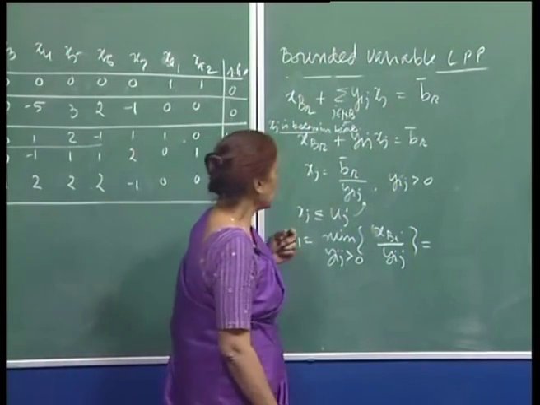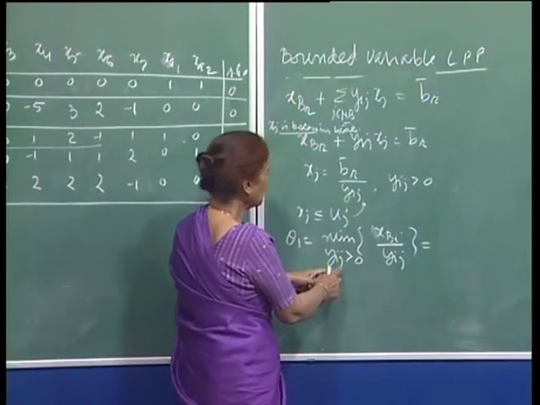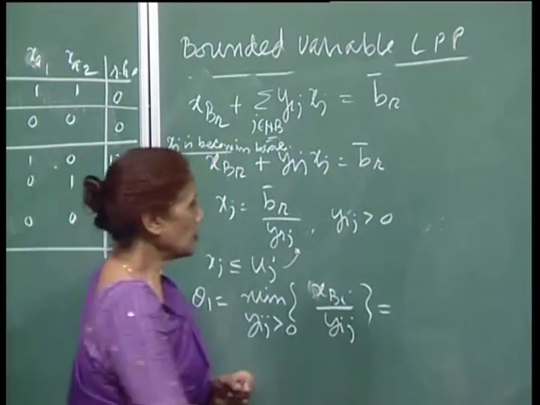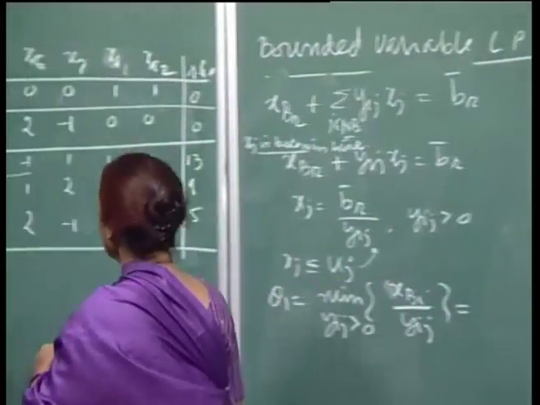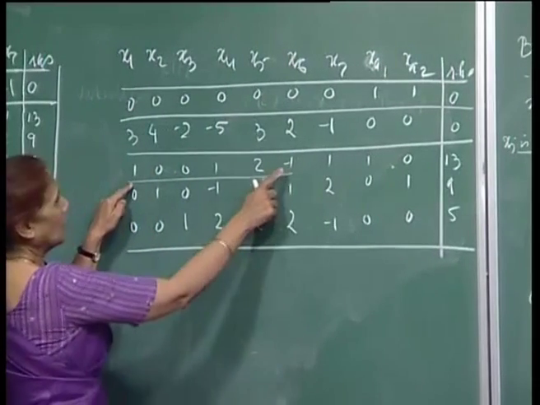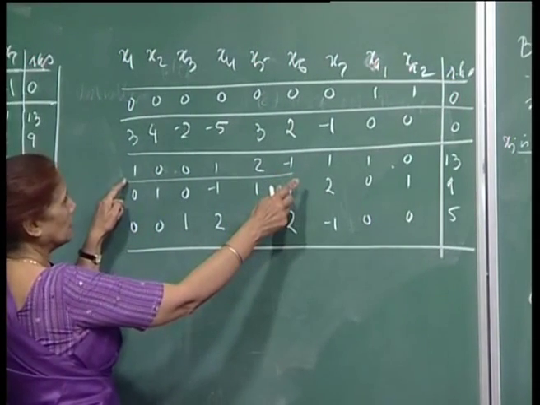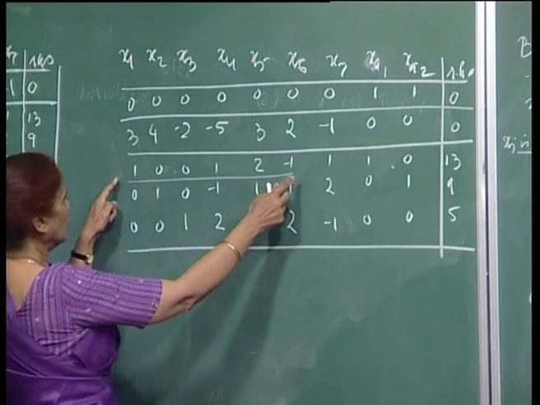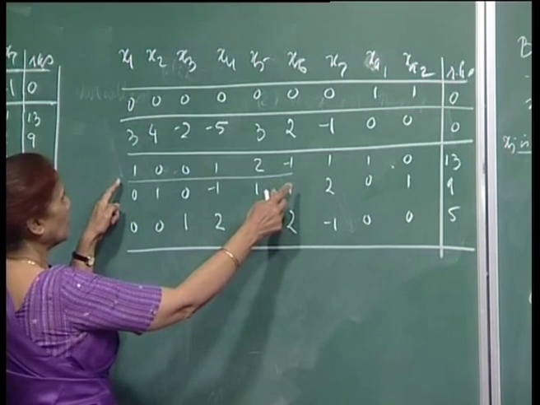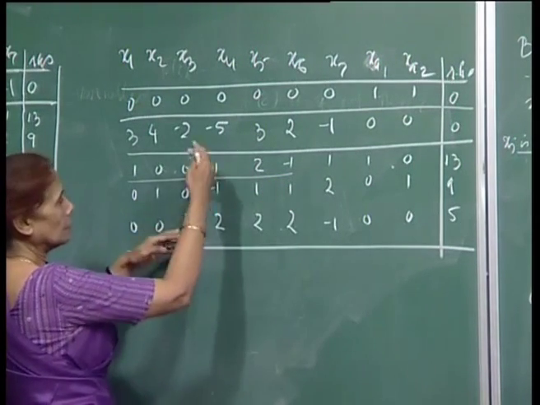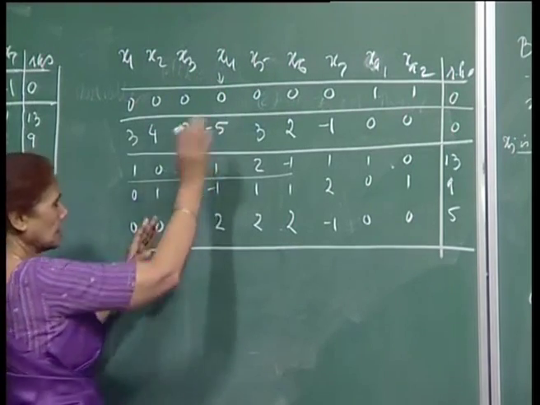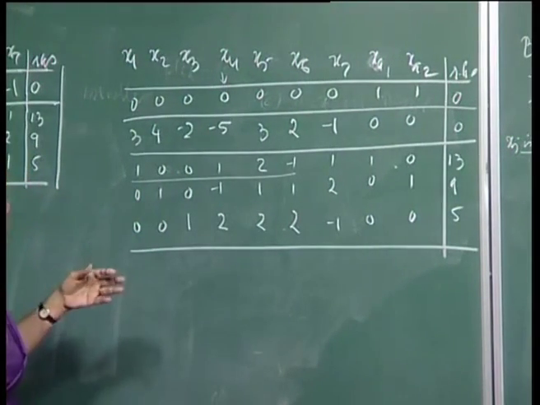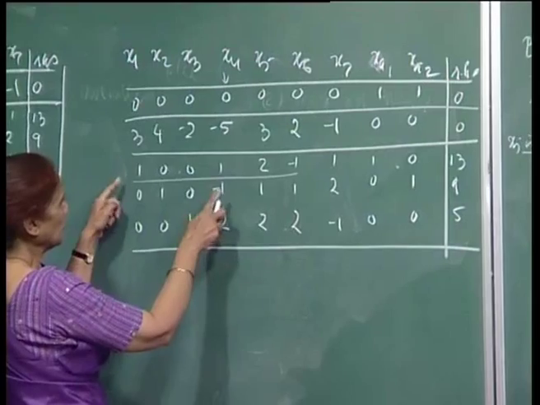See, what happens is that we were only concerned with the positive Yij's here. But if you have one of the constraints, say for example in this one, let us say that suppose I am entering this column, just for the argument's sake.